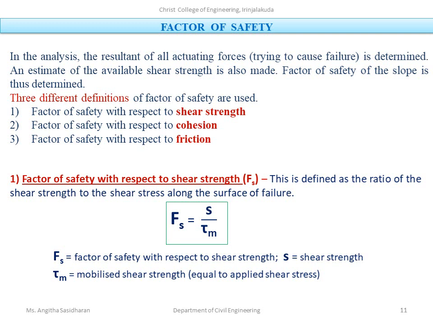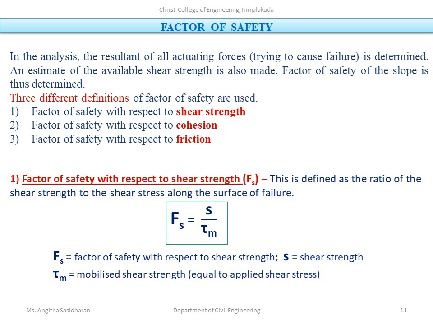Let's see what the factor of safety is in detail. In the analysis, the resultant of all the forces that are trying to cause failure is called the actuating force. So the resultant of all actuating forces is determined, and we get an estimate of the available shear strength. We know the resultant force trying to cause failure, and we know the available shear strength of the soil.